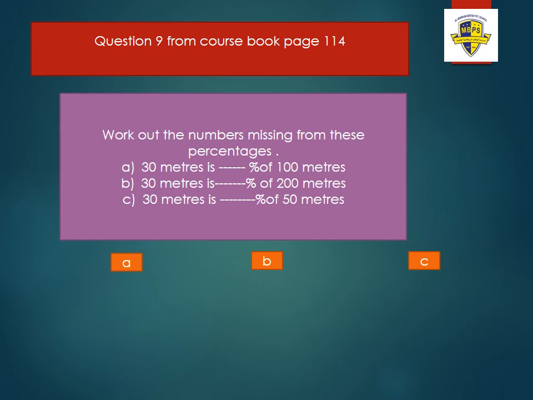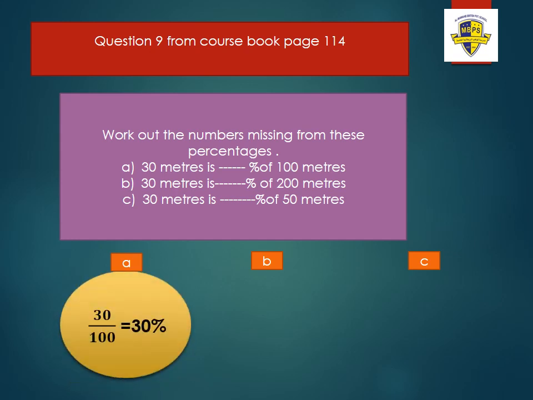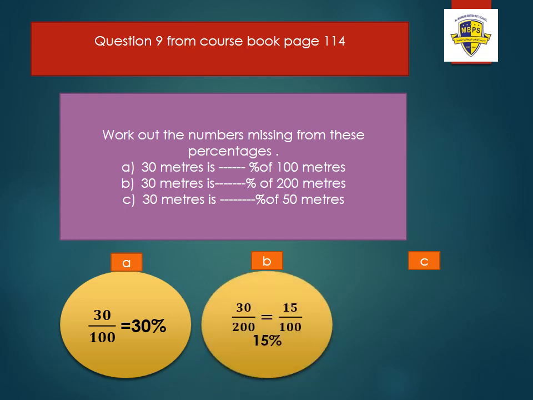First, I will solve A. I will write 30 out of 100 as a fraction, right? Because we said 30 meters from 100 meters, that means 30 out of 100. 30 out of 100, I can directly write as a percentage because it's out of 100, so it's equal to 30%.